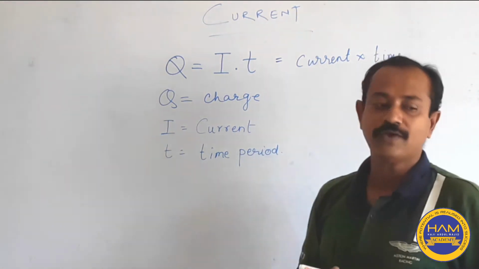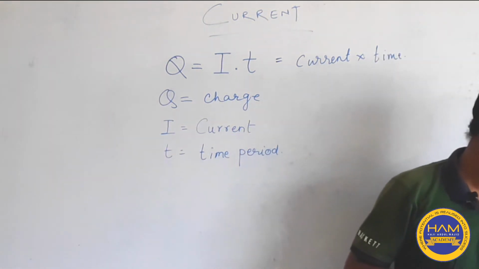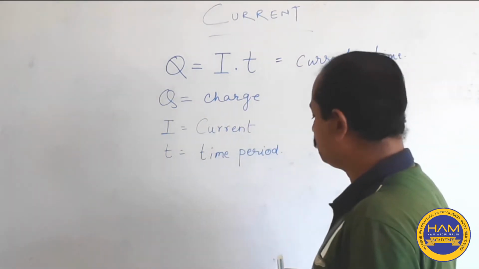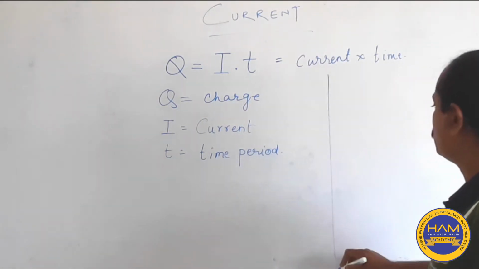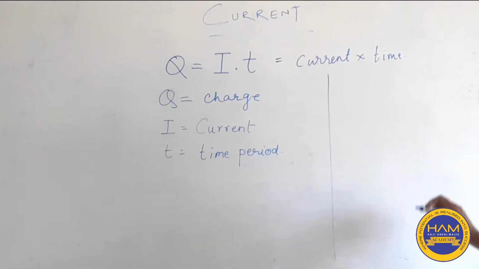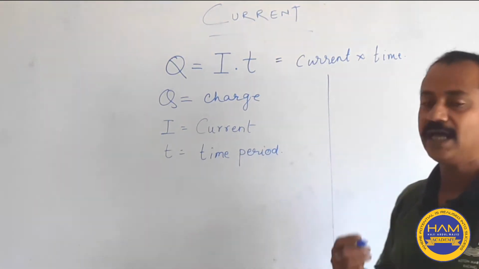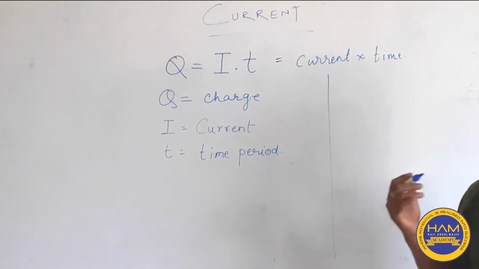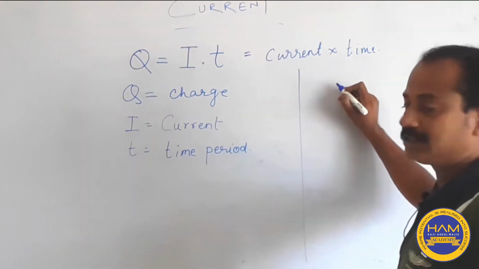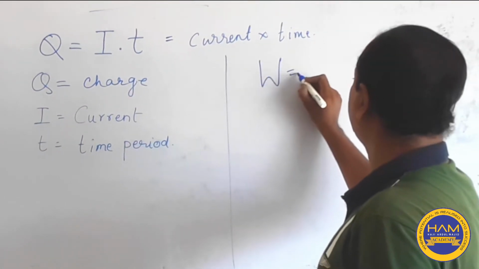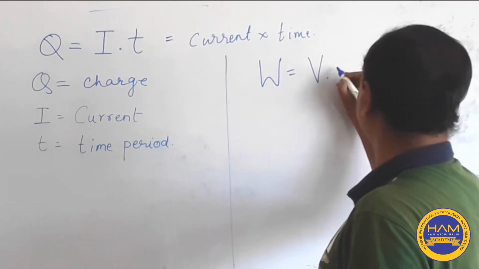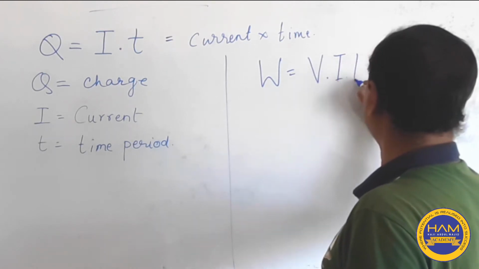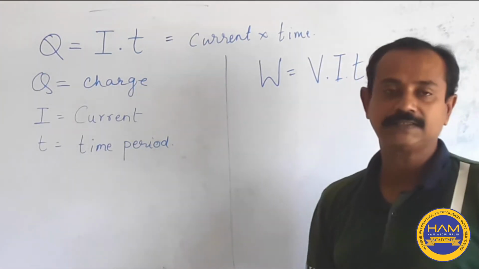Now, this is very simple. As we also know, there are some relations regarding the potential as well as the work done, and we have a relation in terms of potential difference and the work done, that is W is equal to V dot I dot T. Now, what is this equation?